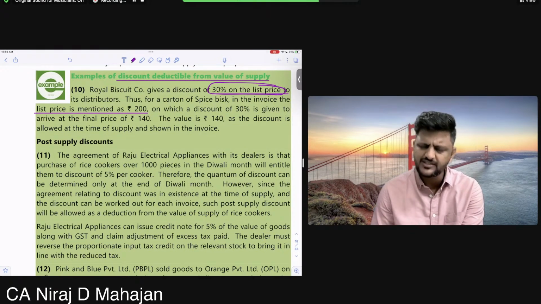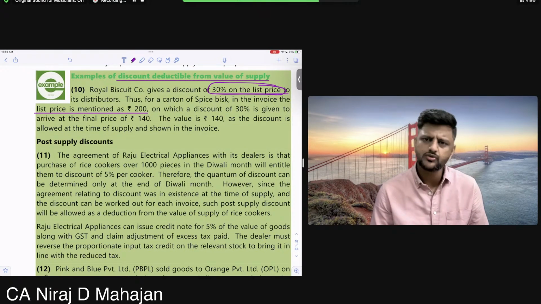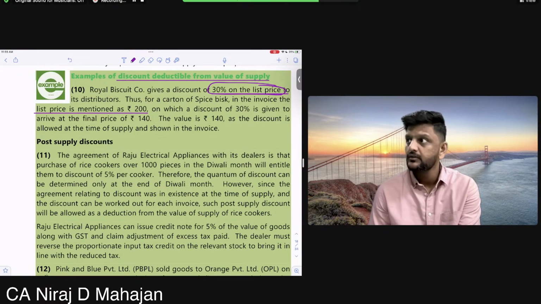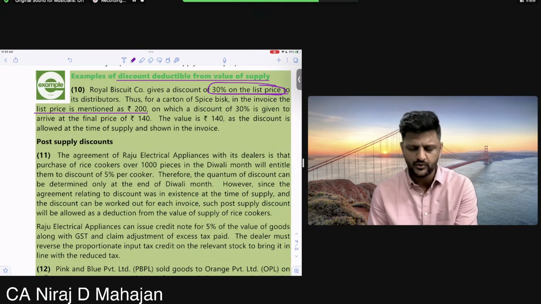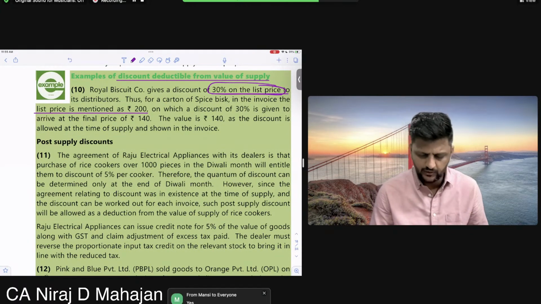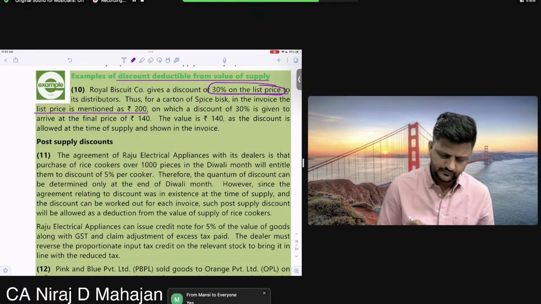So final price 140. This is obviously allowed as discount because both the conditions are satisfied. It was known at the time of supply and also shown in the invoice. Done.